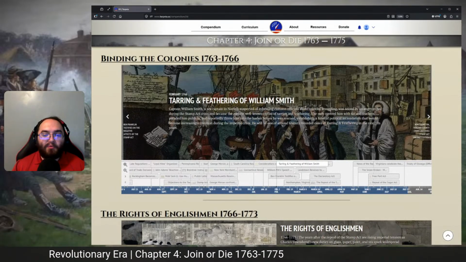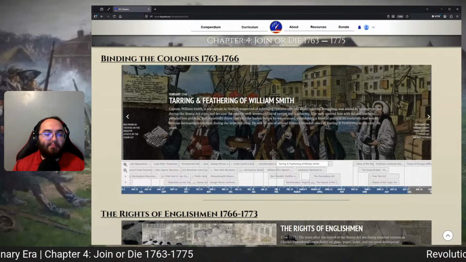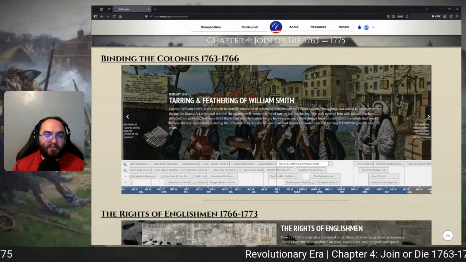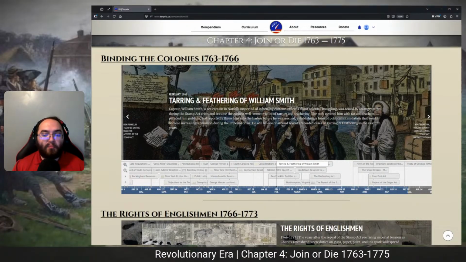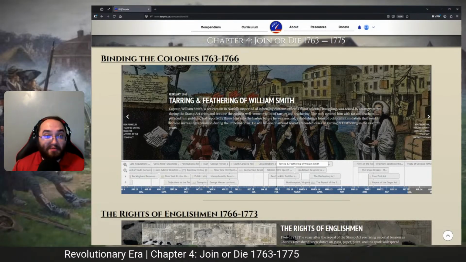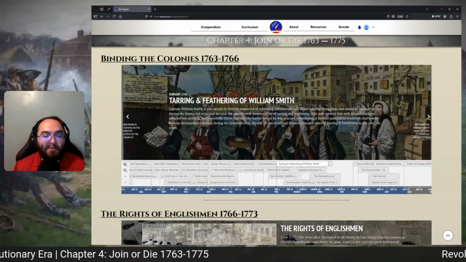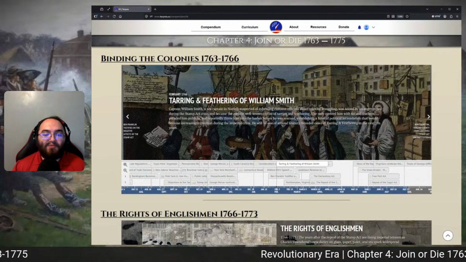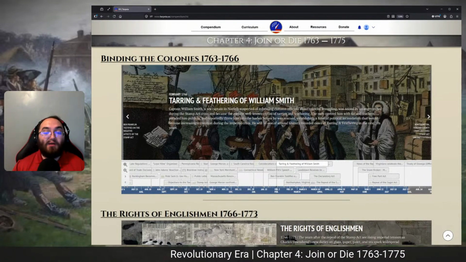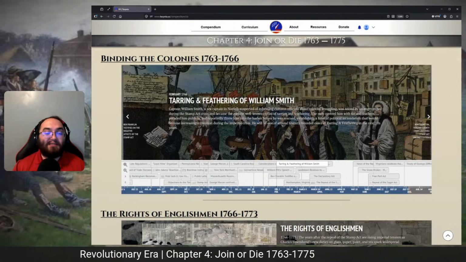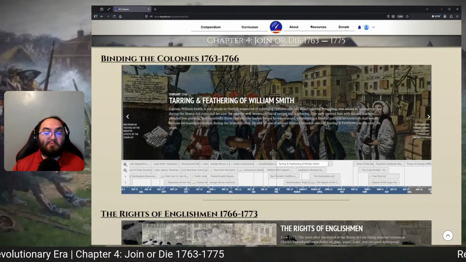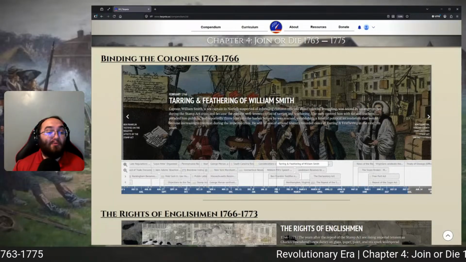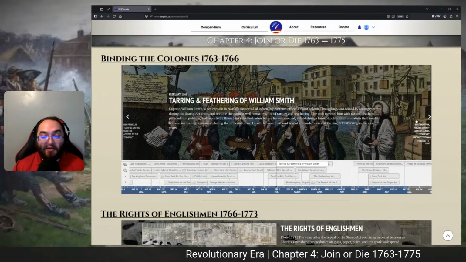The mob covered him with tar and feathers, paraded him publicly, and reportedly threw him into the harbor before he was rescued, establishing a form of political intimidation, domestic terrorism, that would become increasingly common during the imperial crisis. He will be one of around 70 reported cases of tarring and feathering in the next decade. So, first well-known case, and he is the first of 70 recorded cases of tarring and feathering.